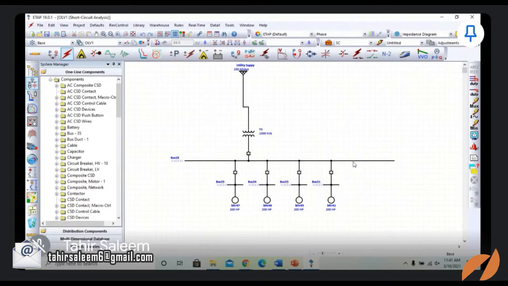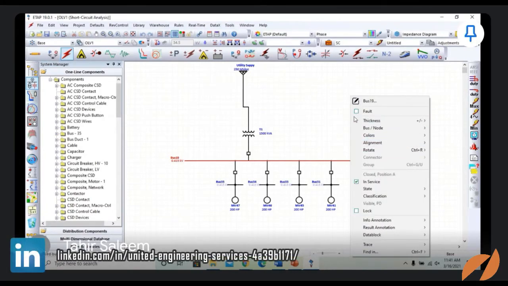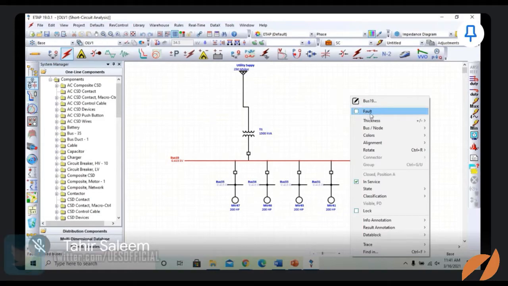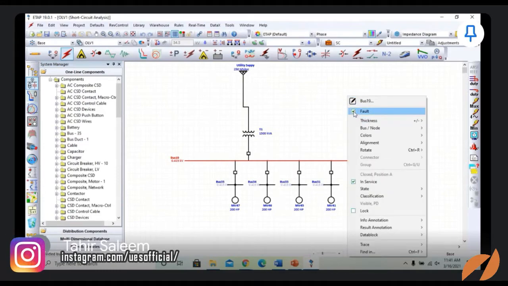So if we take as an example that we generate a fault on this bus bar, you have to right click on it, and here you can see there is a checkbox that says fault. If you click on this, you will see a green tick come up.